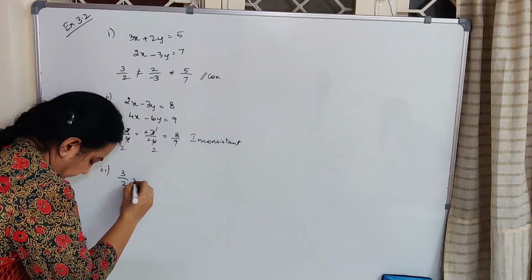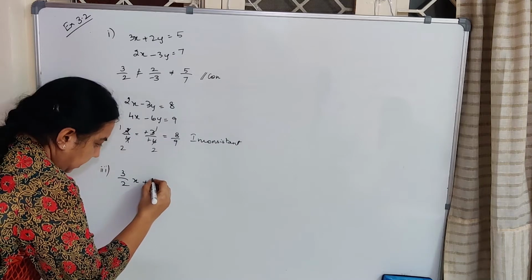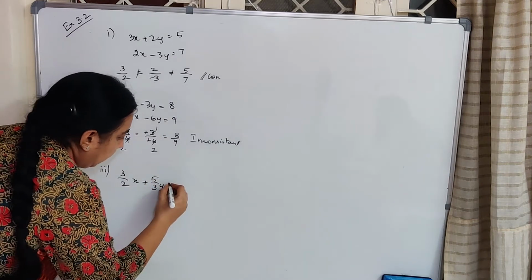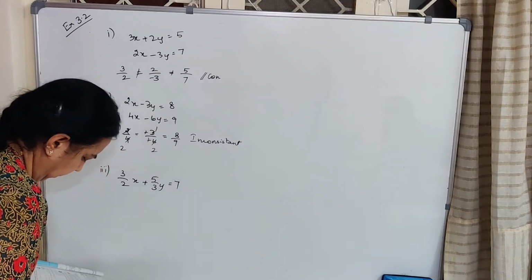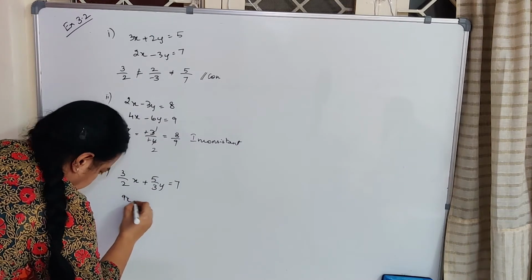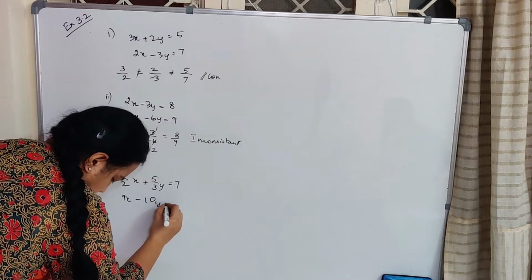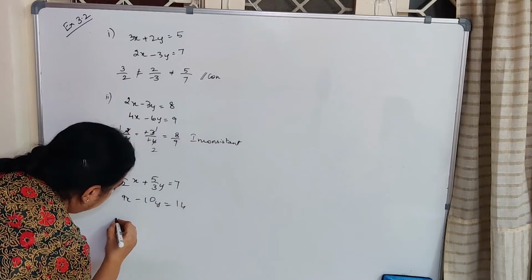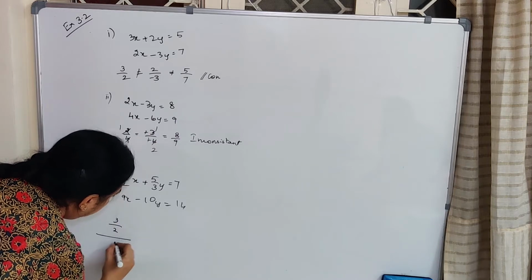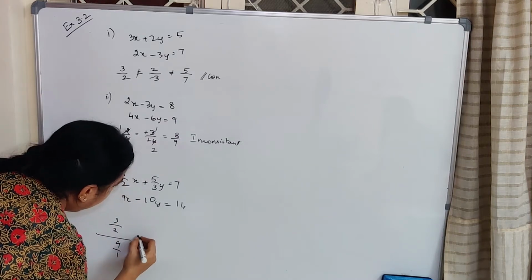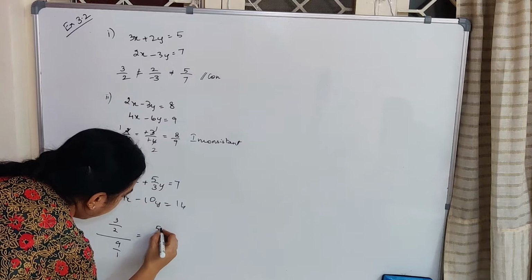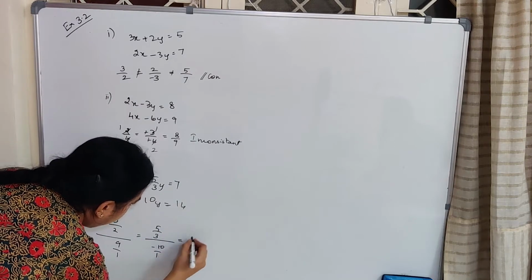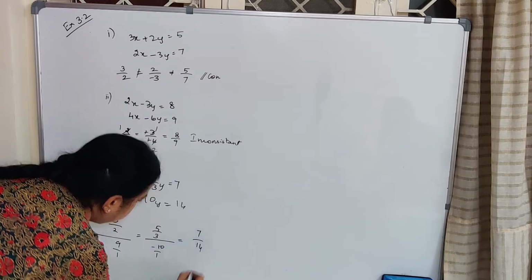3 by 2x plus 5 by 3y is equal to 7. 9x minus 10y is equal to 14. Okay, and when I write it, I get 3 by 2 by 9 by 1, and that is equal to 5 by 3 by minus 10 by 1, and that is equal to 7 by 14.